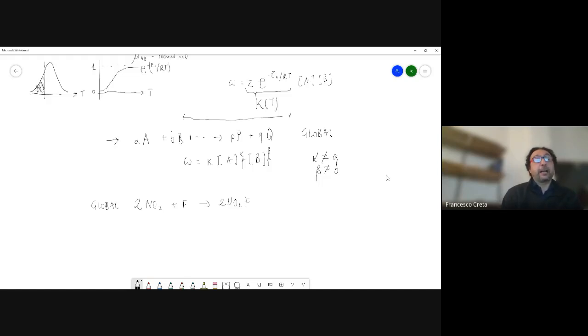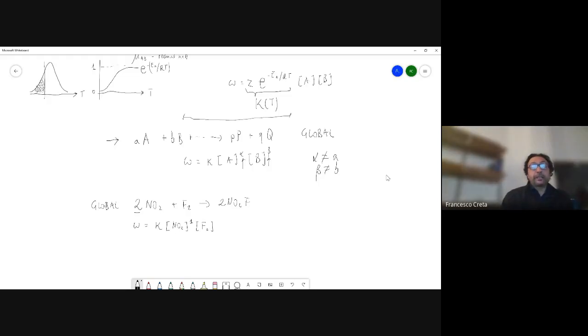If I want to write down my reaction rate, and be careful now, this will be k times the concentration of NO2 to the power of 1, not 2, times the concentration of F2, fluorine.